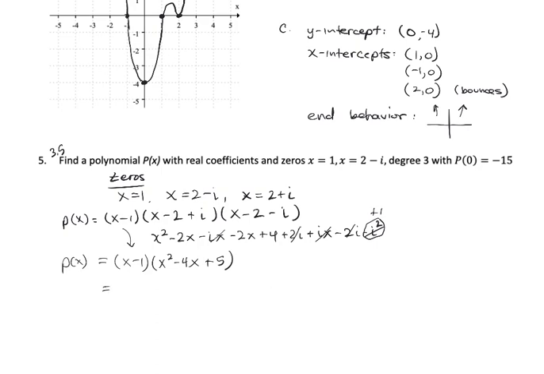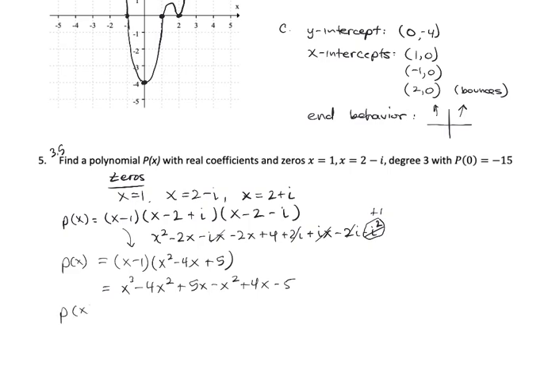So that's going to be x times x squared is x cubed. x times negative 4x is negative 4x squared. x times 5 is 5x. Now the negative 1 multiplies. Negative 1 times x squared is negative x squared. Negative 1 times negative 4x is positive 4x. And negative 1 times positive 5 is negative 5.